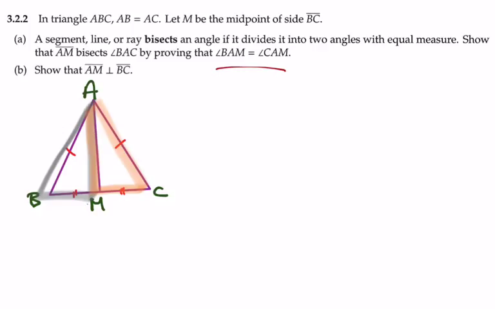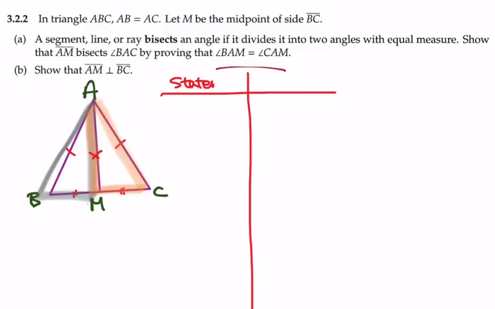Now, we realize that AM is common in both triangles. So using that idea, we can write down the statement and reason once again. Now, first, I'm just writing down the givens here.